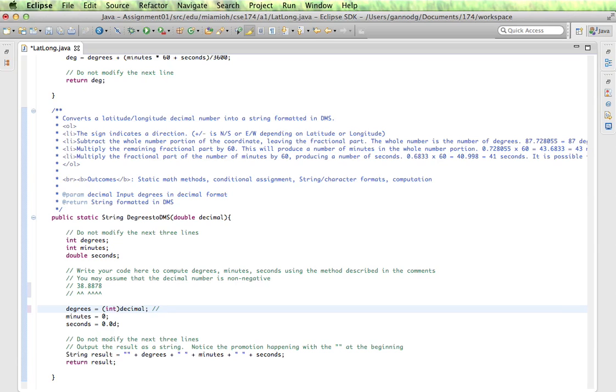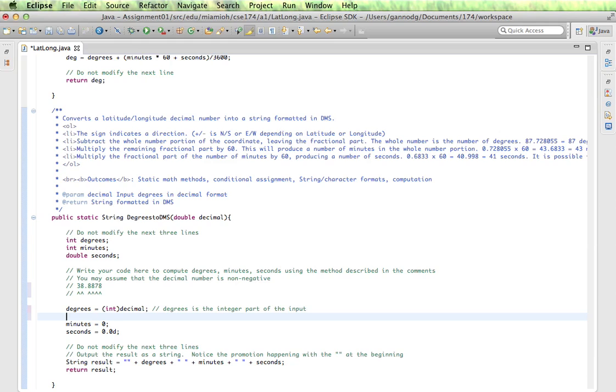Okay, so now degrees is the integer part of the input. The second thing that I want to do is get the fractional part, and in this case I need to define a new variable.